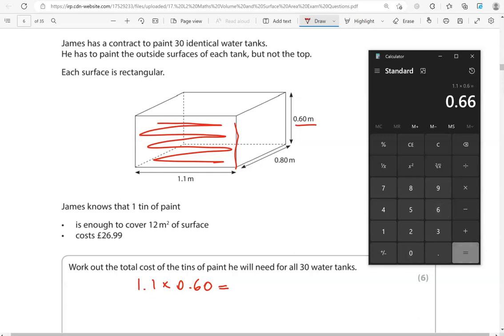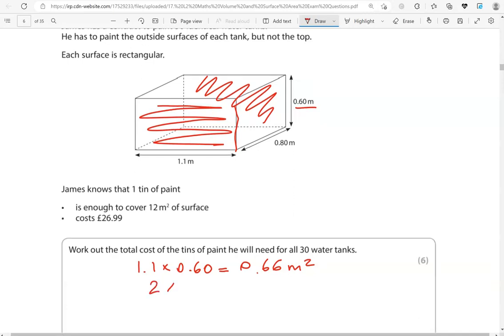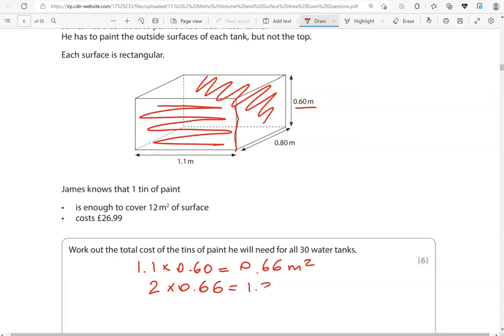So that gives us 0.66. And this face here on the back, that will be identical. So we can do 2 times 0.66, which is 1.32.